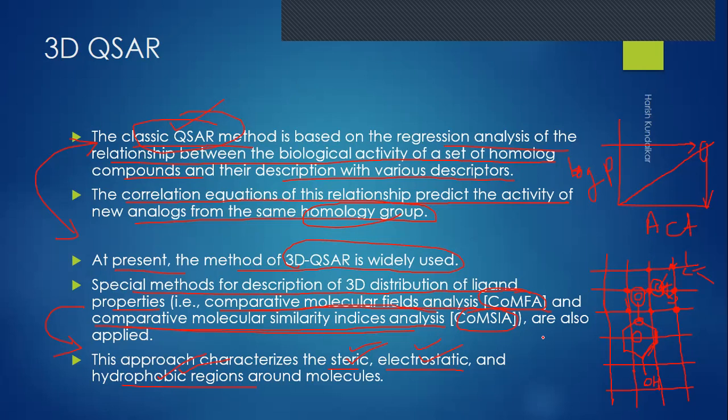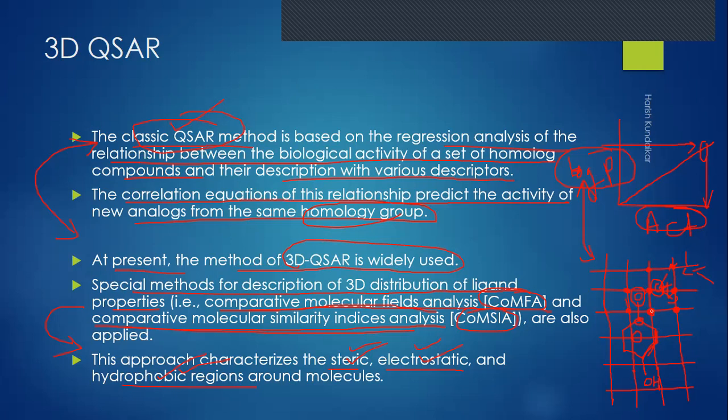Now, whatever we want to study, for instance, log P, and we want to correlate it to activity, what will this method do? CoMFA and CoMSIA will calculate all of these values, and they will calculate the log P values on the basis of these calculations. This probe atom will have a diameter of something like 1, 1.1 or 1.4 angstrom, and that will calculate the hydrophobic and steric properties.